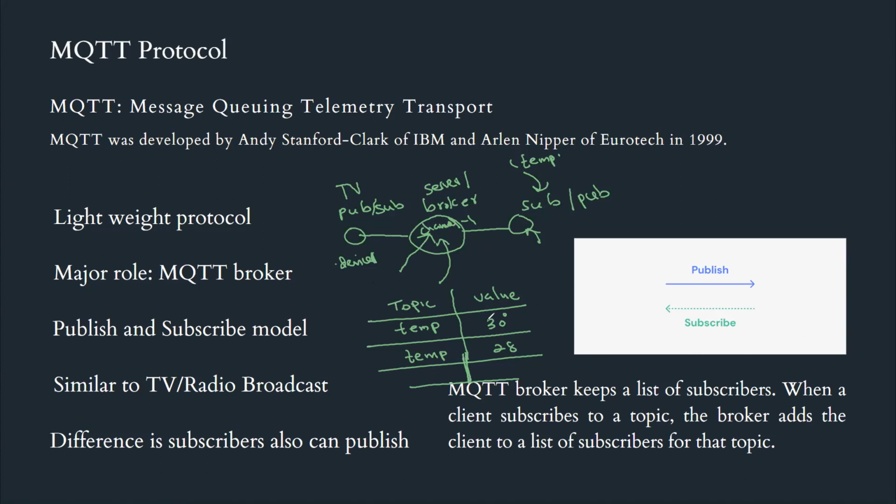So the MQTT broker keeps a list of subscribers. When a client subscribes to a topic, the broker adds the client to a list of subscribers for that topic.